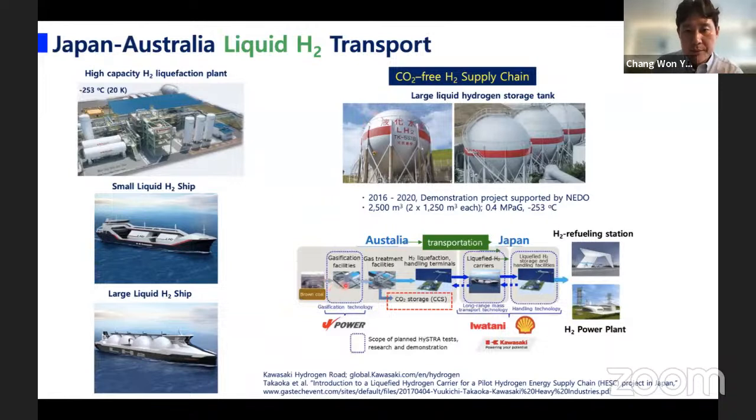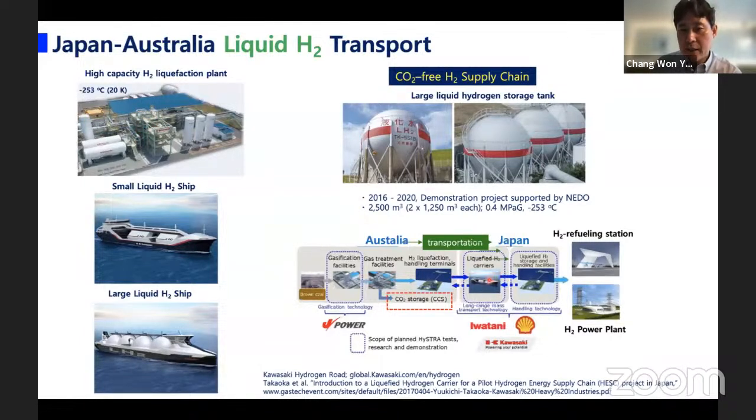The concept is that in Australia, they use brown coal to produce hydrogen, so gasification technology produces hydrogen and CO2, and then the CO2 will be stored, and the hydrogen will be cooled down to produce liquid hydrogen.